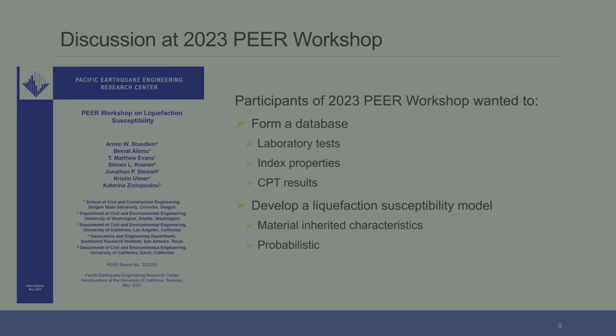During the 2023 PEER workshop, these two models were discussed extensively, and their authors, Professor Bray and Professor Boulanger, explained their aims with these models. Professor Bray explained that the aim of their model is to capture whether the hysteresis loop is similar to the ones that liquefy or not.